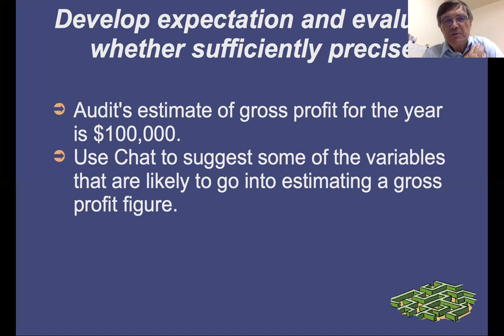If you estimated the gross profit at 100,000, in which range would you then say you expect the exact number to fall?